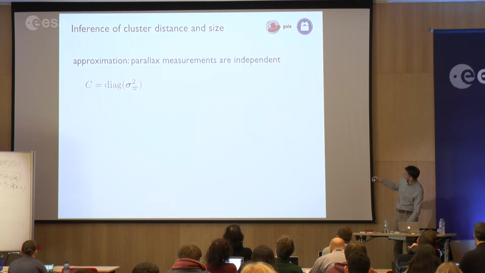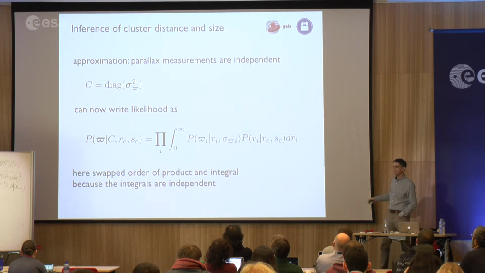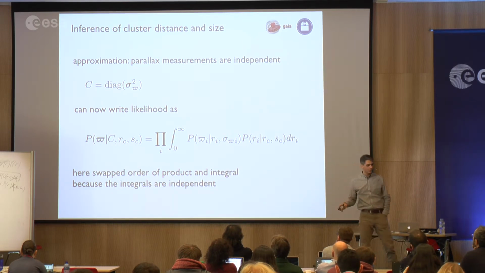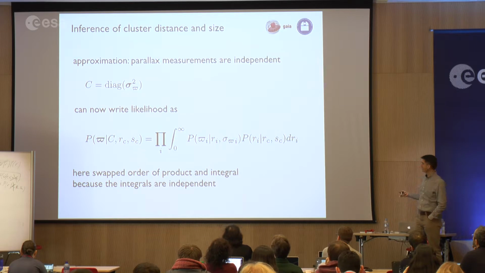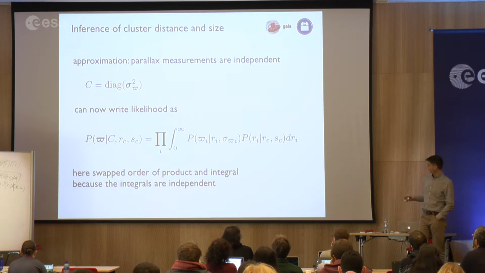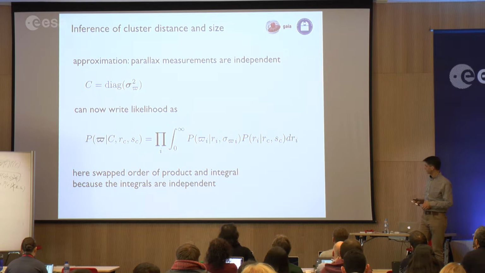As I said, I make an approximation: I make my covariance matrix diagonal, and that means you can write the likelihood, instead of an n-dimensional integral, as a product of n one-dimensional integrals. That's great, because doing n-dimensional integrals is very difficult, even with MCMC. This is why I neglected the correlations: if I keep them in, I have to do an n-dimensional integral, and I don't like doing n-dimensional integrals.